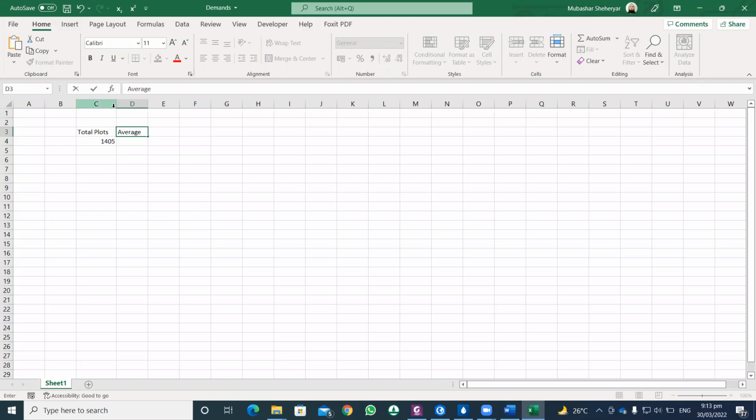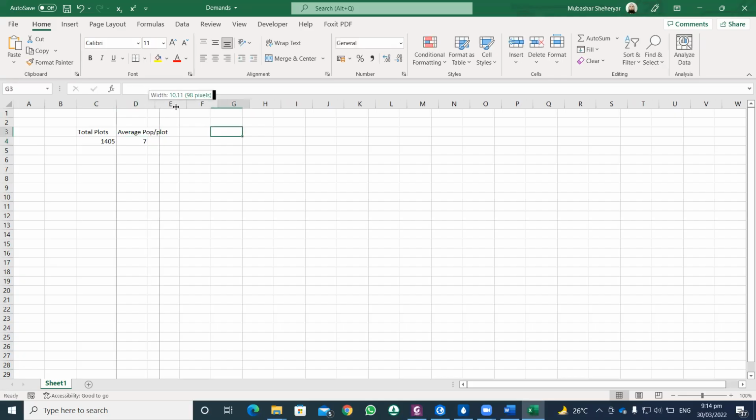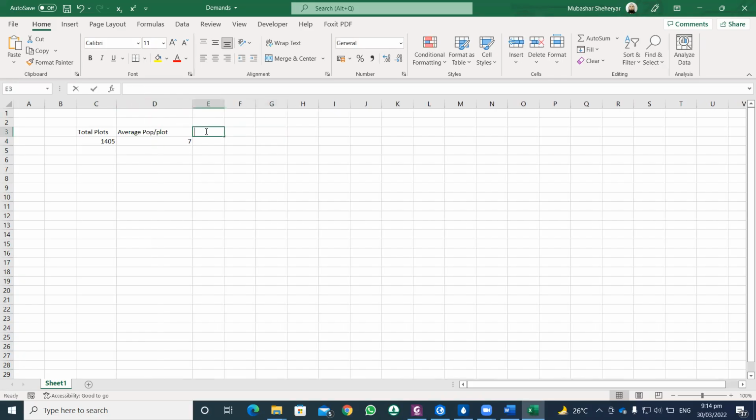Average population per plot is about 7. So the total number of population will be by multiplying the number of plots by the average population per plot. So this is the total number of population in that area.